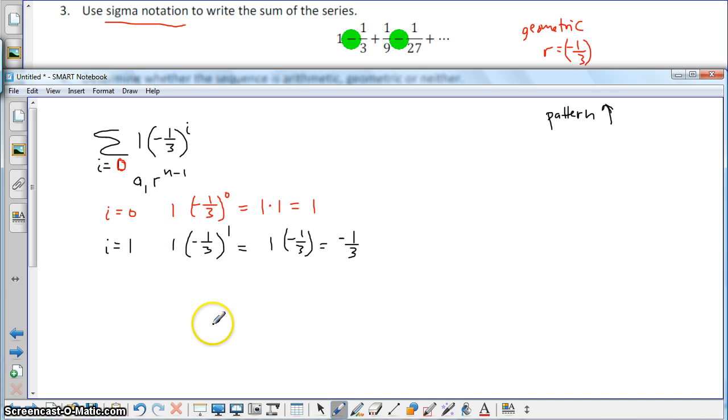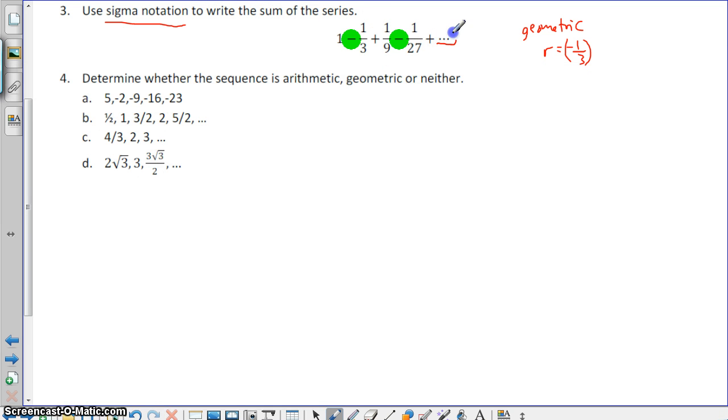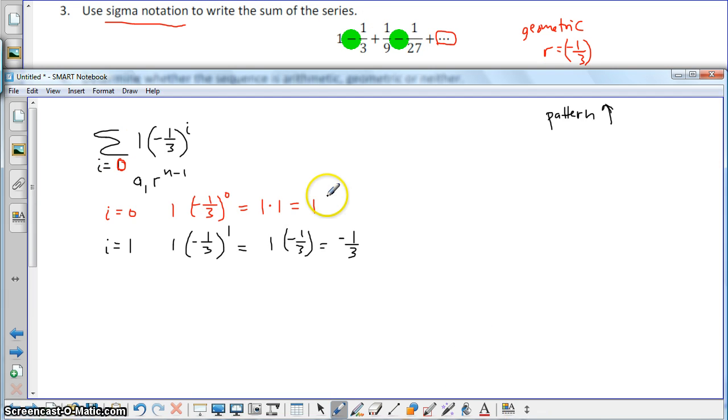So that is one way of dealing with this. I could have i equals 0. In that case, notice how this does not have an ending to it. So that means I do not actually go up to anything. I can either put n, so that it just goes up to n, or you could say that it's going to go forever, and you could say that it goes to infinity.